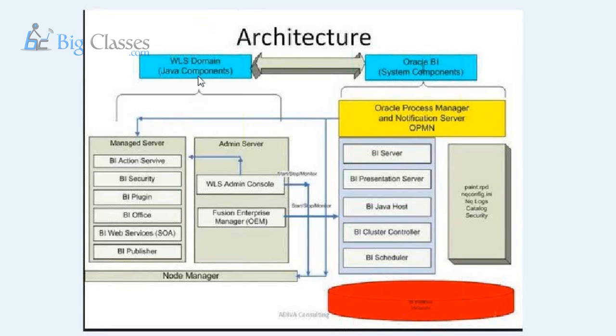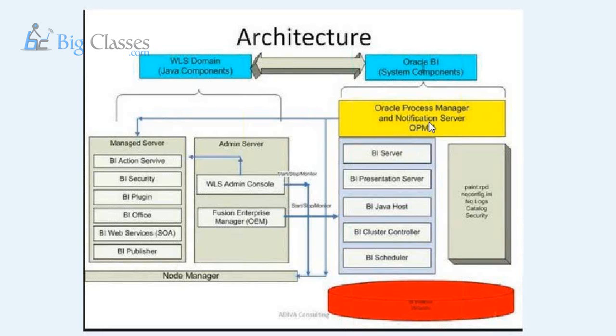In this architecture you are seeing the WebLogic domain and the OBIEE Oracle BI system components. The Oracle BI system components are the core OBIEE components. The OBIEE application has five different servers, and all together they work as a single application.